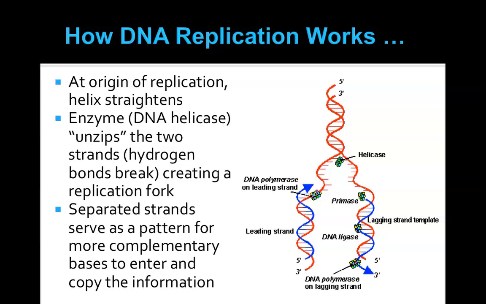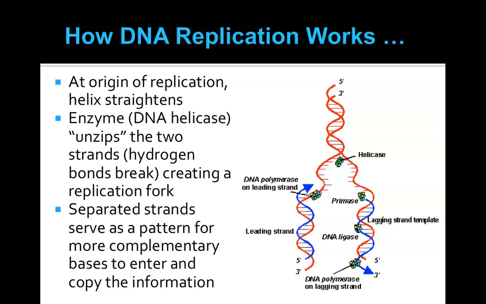The first enzyme that's going to come in is called DNA helicase. DNA helicase's whole purpose is to create that replication fork itself. They're sort of like a pair of enzymatic scissors. That enzyme is going to cut the hydrogen bonds that are holding these base pairs together. That's what these little lines are. And that's going to help unzip that strand and open it up so that we can get access to the DNA itself, so that we can start to make copies.